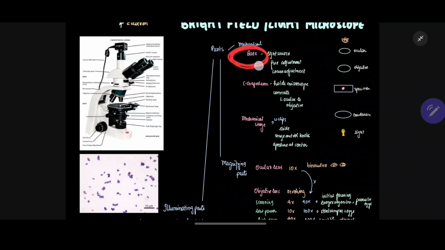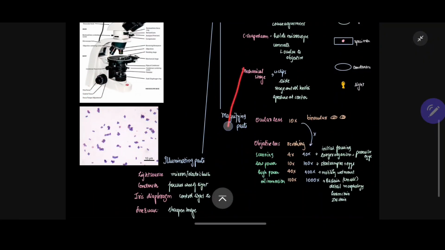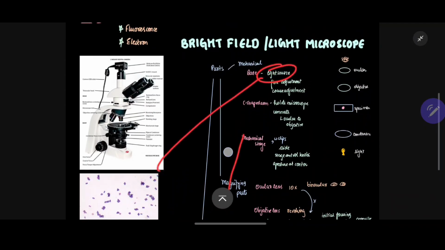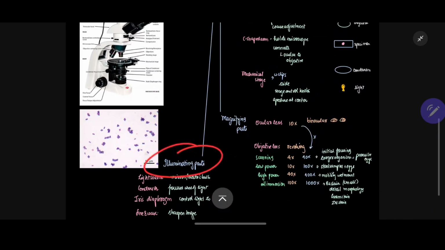Starting with the base, this is the base of the microscope. The base has a light source, which is obviously a part of your illuminating parts. Your light source can be a mirror, or it can be an electric bulb. The ones that we have in our labs have electric bulbs in them.